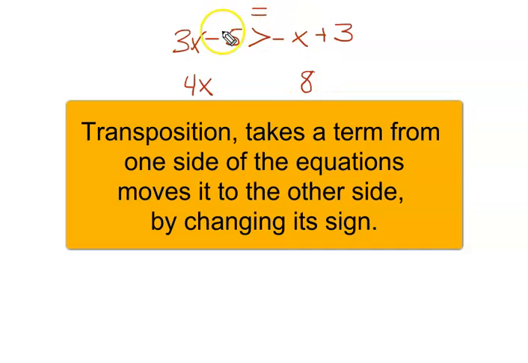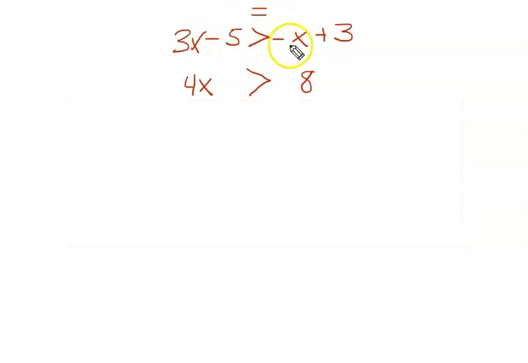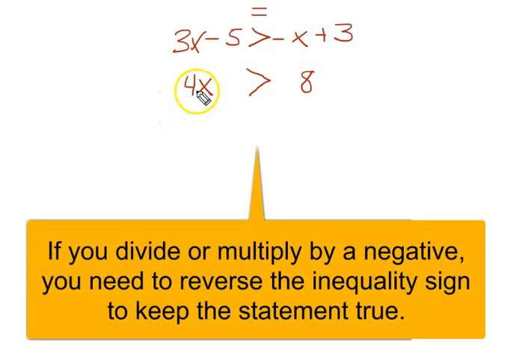Now we solve that as if it were an equation, but there's actually an inequality symbol there. Now, the one difference between solving an equation and an inequality is if we had to divide by a negative here to get rid of the 4, or to make this a 1x, then we'd have to reverse that inequality sign.